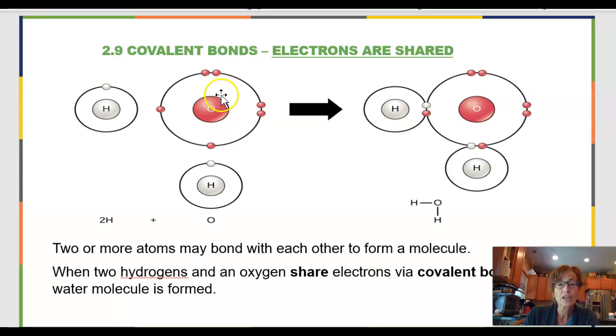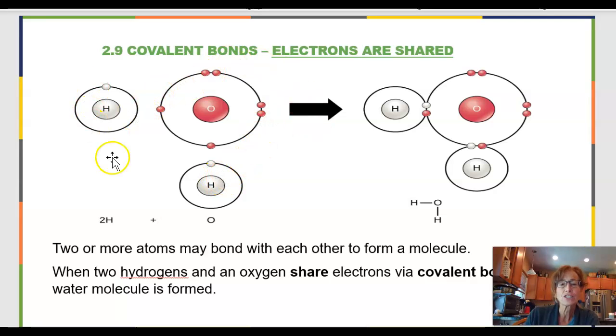But what we're really caring about when we talk about bonds is what's on the very last energy level. With oxygen, you can see that there's 2 electrons here. So these are paired, these are paired, and these electrons aren't paired, so these are unshared or unpaired electrons.